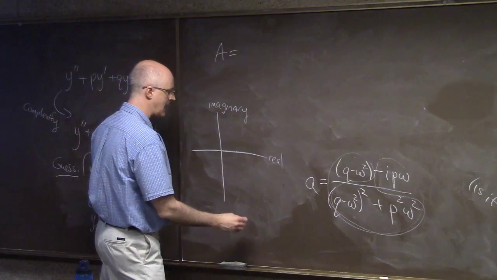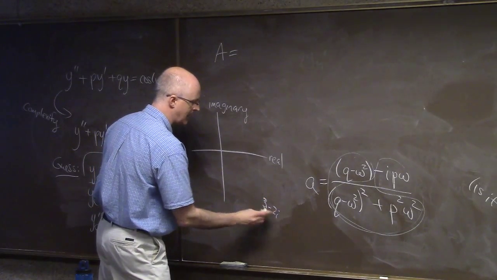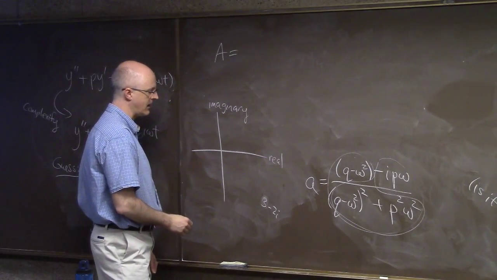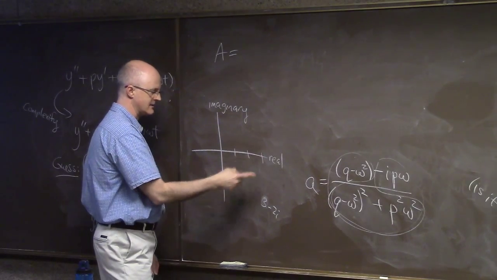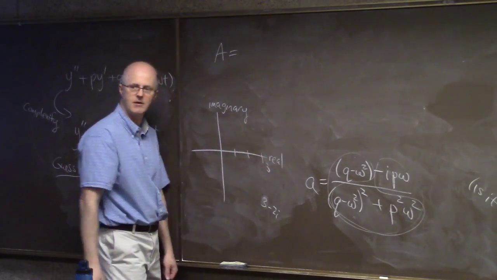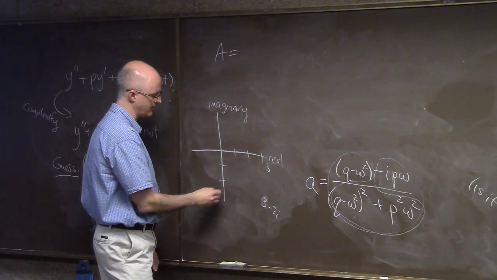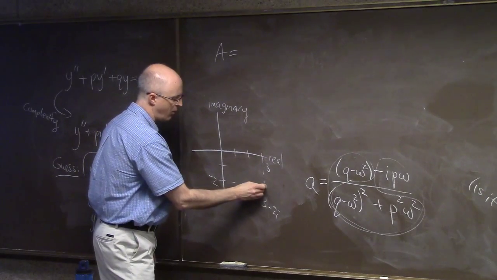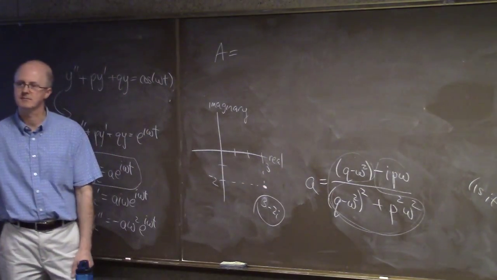For example, the complex number 3 minus 2i can be represented as a point in this plane by going along the real axis 3 units to the right of 0 and going along the imaginary axis 2 units down. That point right there can be imagined to represent that complex number.